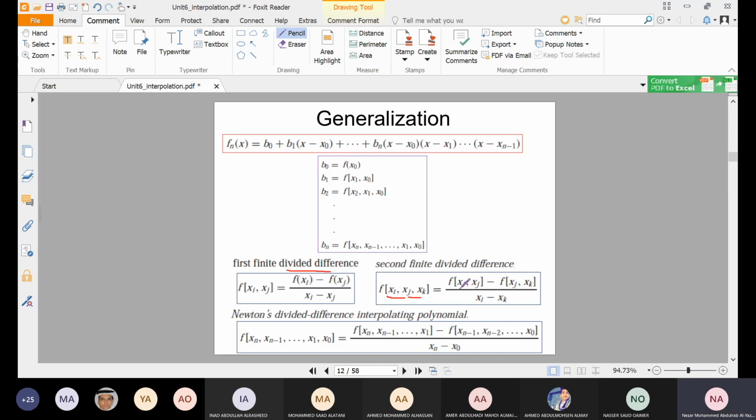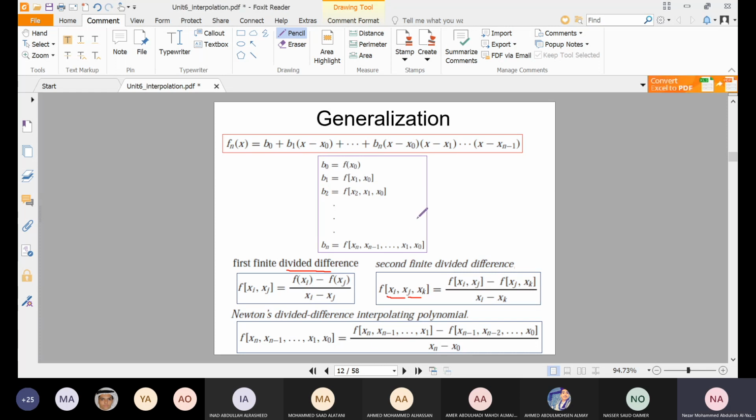And here at the denominator we take the maximum interval, so this will be xi minus xk. Okay, so this will be for order n. Usually at the denominator will be the maximum interval.